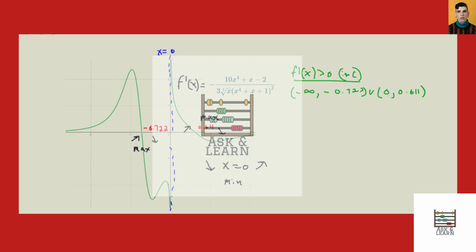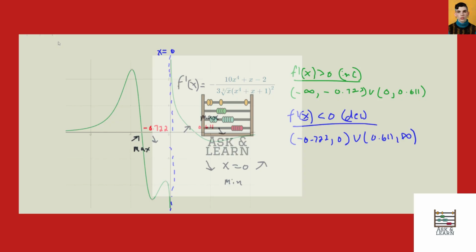So that's our interval where the function is increasing. Now decreasing, remember that is when f prime of x is strictly less than 0. And that's just going to be the rest of our interval here. So from -0.722 up to 0, and then union 0.611 to infinity.